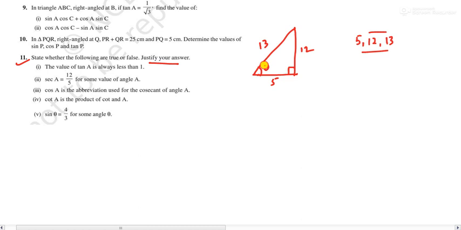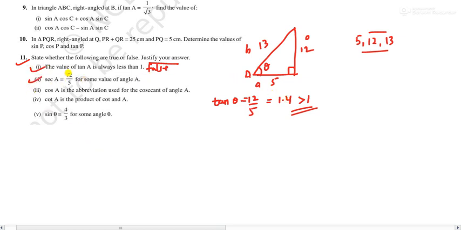If I take theta over here, this is O, this is A, this is H. They have given that the value of tan A is always less than 1. So if I take tan theta, it is O by A, which means 12 by 5. If you solve, you will get about 2.4, which is more than 1, right? So this is the justification. No, it is not true, it is false, because it can be more than 1 also. Got it? That is the answer.